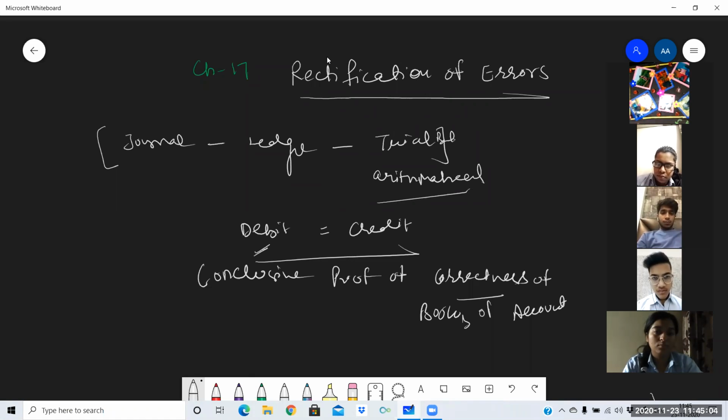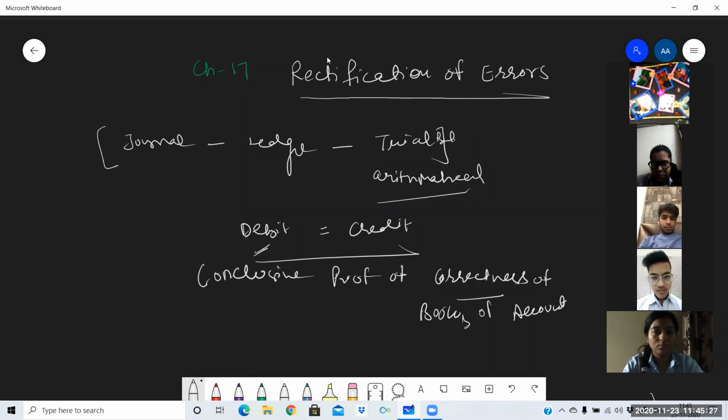Once we have prepared the journal, ledger, then trial balance, we come to know that there are certain errors. Then going back to the journal, doing the correction, then correcting the ledger would be a quite lengthy process. So to avoid all this, we can pass a rectification entry.